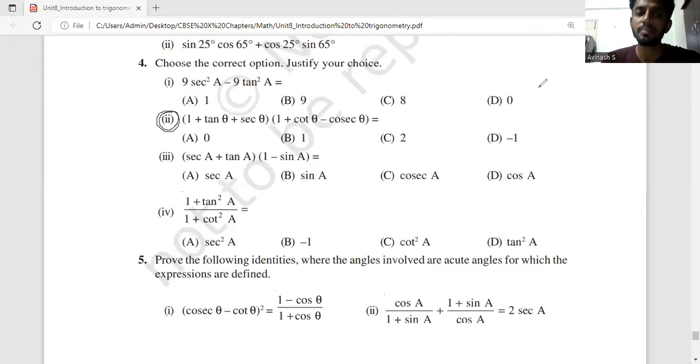With respect to the second sum, the sum looks a bit complex. So what we are going to do is convert every trigonometric ratio in the problem in terms of sine and cos.